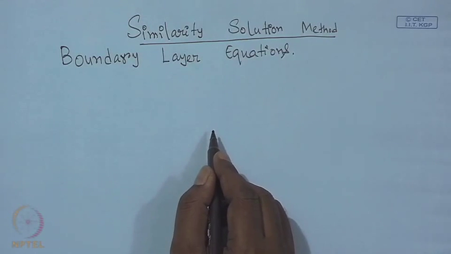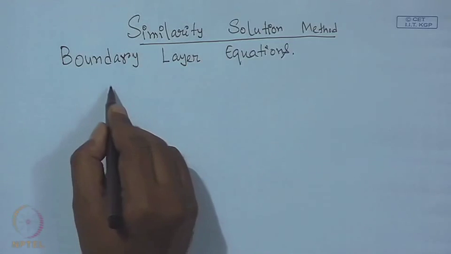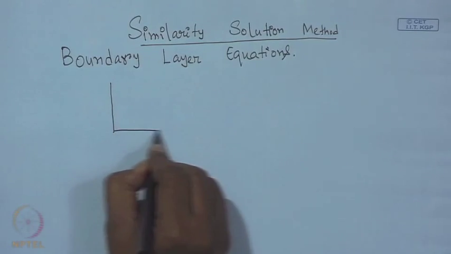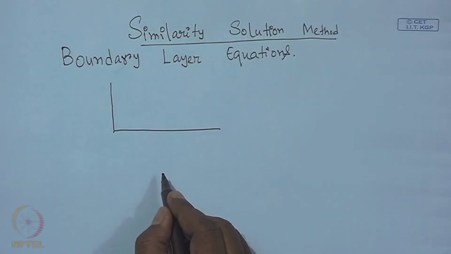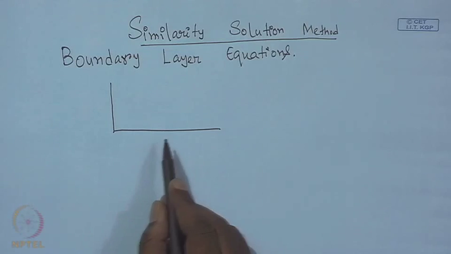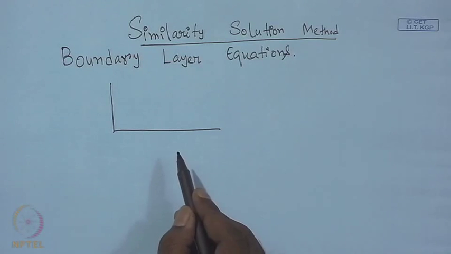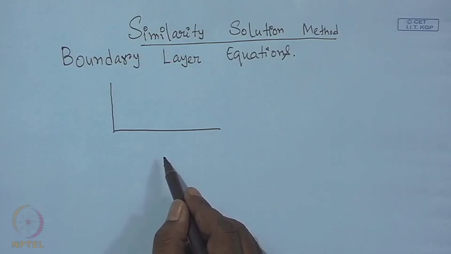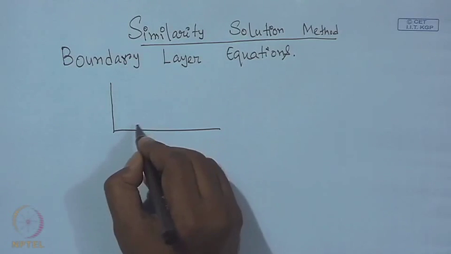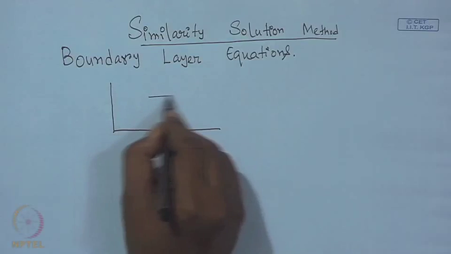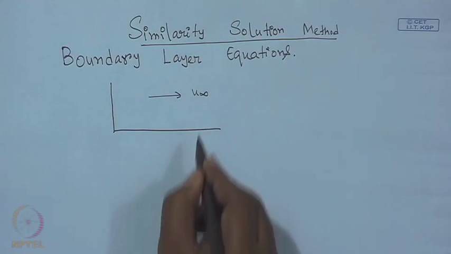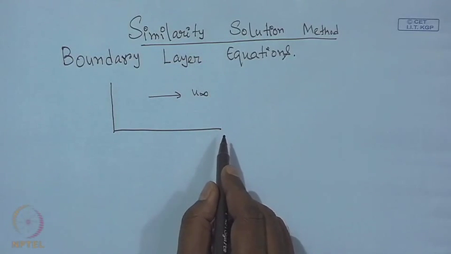So, let us first see what these boundary layers are. Boundary layers are the locus in a flow field where the values of velocity will be 99% of the bulk velocity. Consider the flow over a flat plate. So, in the free stream, the velocity is u infinity. At the boundary of the plate, the velocity is 0 because of the no slip boundary condition.